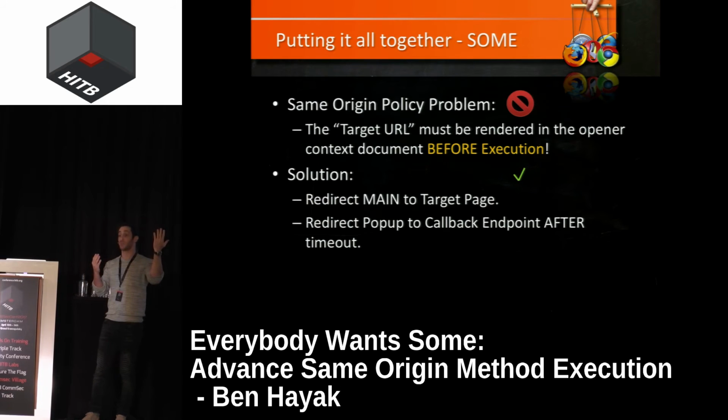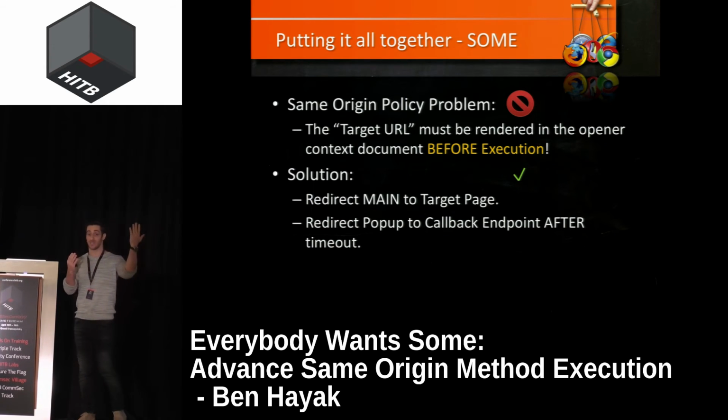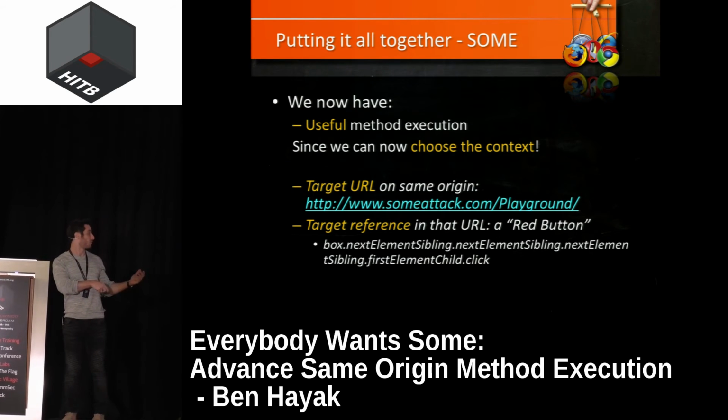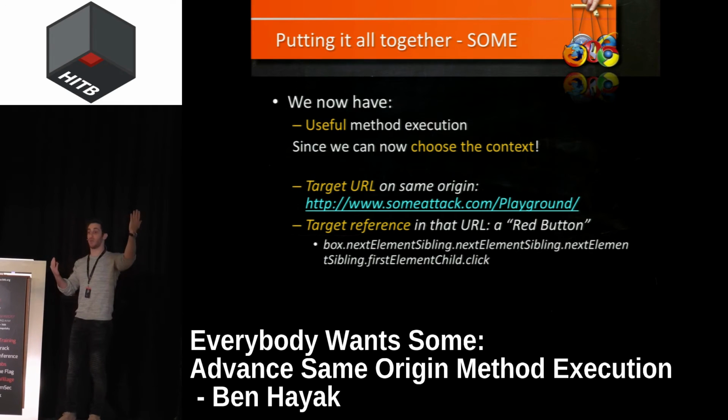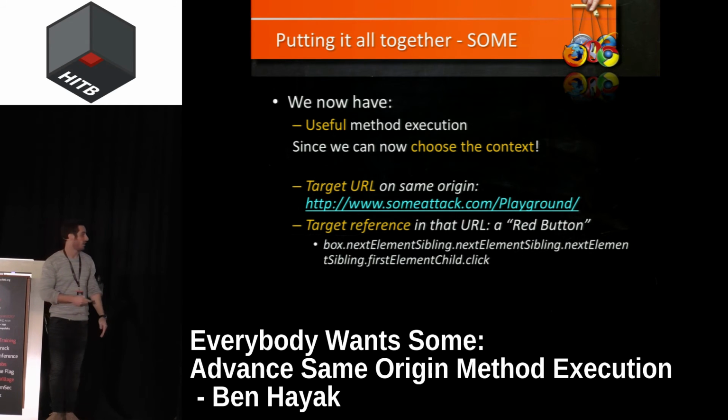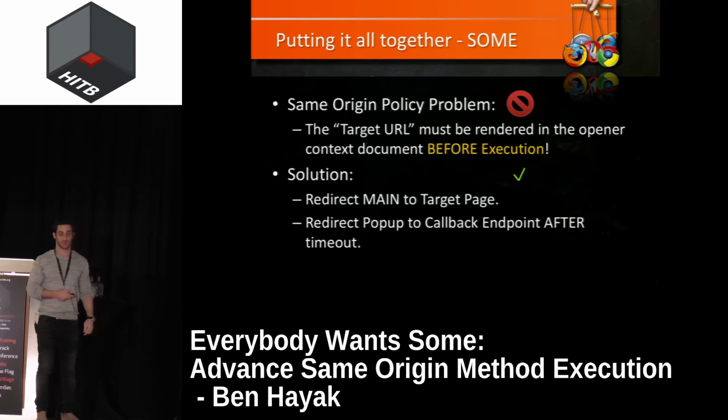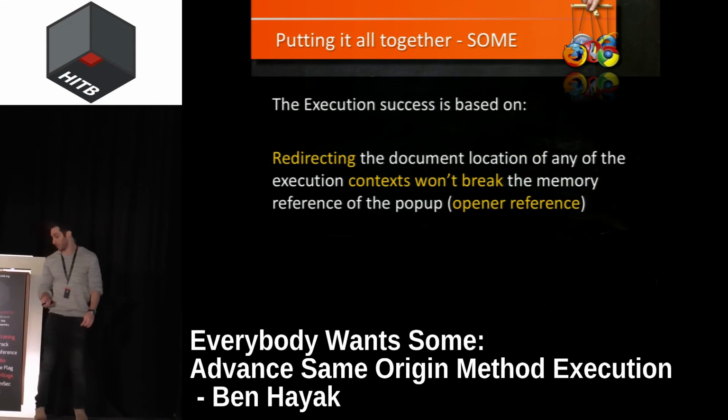We redirect the pop-up to the callback on the vulnerable instance with the callback parameter set to this string over there. And therefore, the pop-up will execute a click over the main window without the user's knowledge, and therefore we hijack the operation. So we make them do stuff that they don't necessarily want to do.